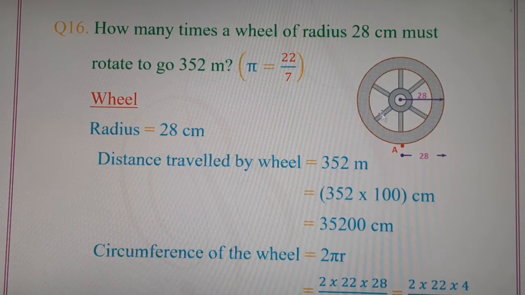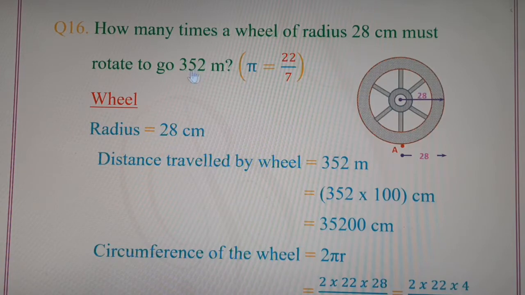When the wheel is rotating, it will move forward and travel a distance equal to its circumference in one rotation. So in one rotation, the wheel will travel a distance of one circumference. In two rotations, the wheel will travel a distance of two circumferences. So how many rotations will the wheel make in order to travel a distance of 352 meter?